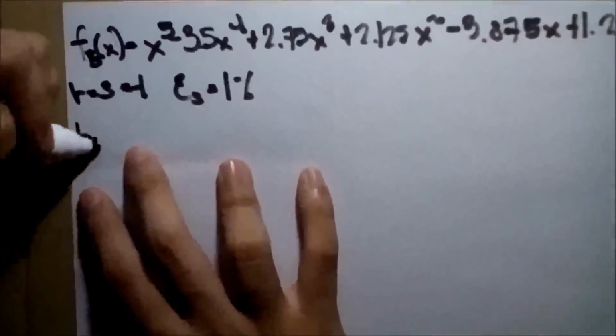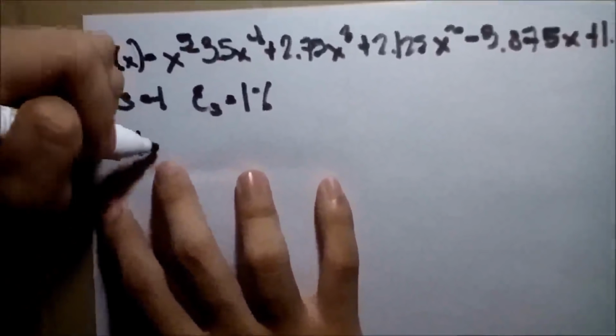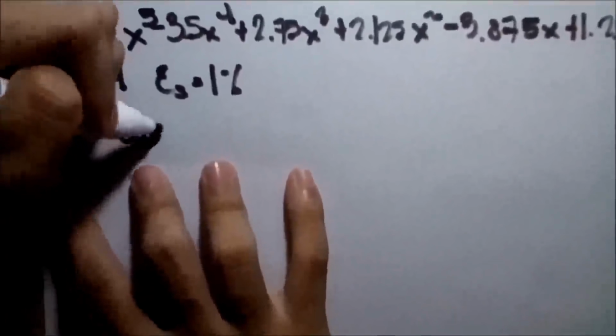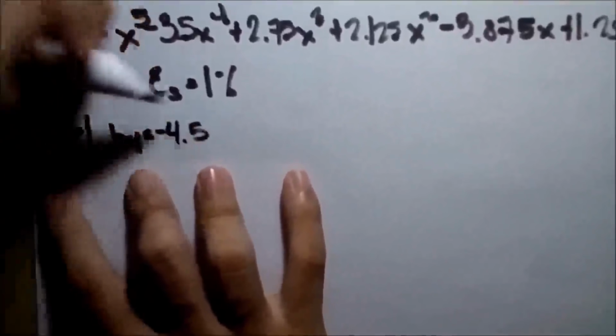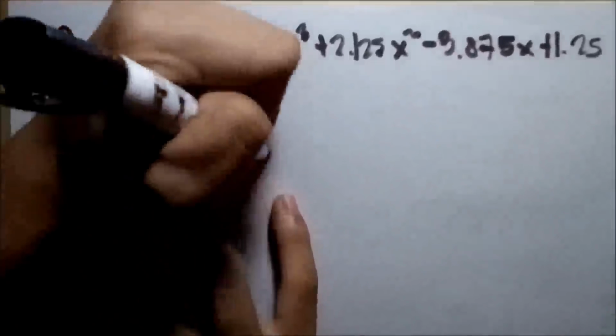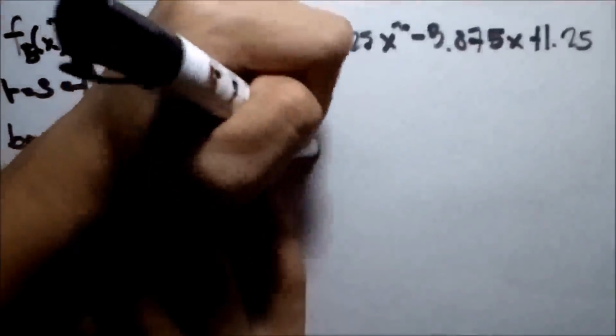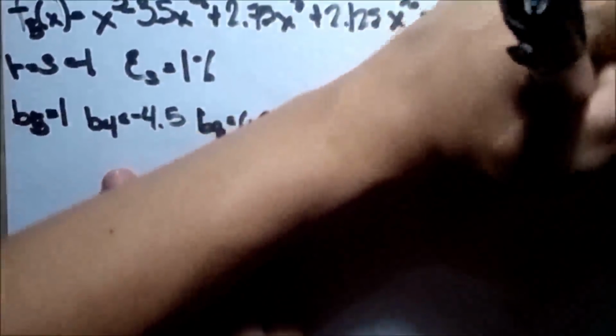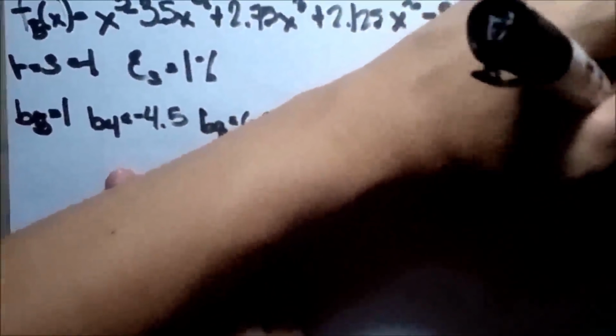The variables for this equation will be b sub 5 equals 1, b sub 4 equals negative 4.5 as stated in the formula, b sub 3 equals 6.25, b sub 2 equals 3.375, b sub 1 equals negative 10.5, and b sub 0 equals 11.375.